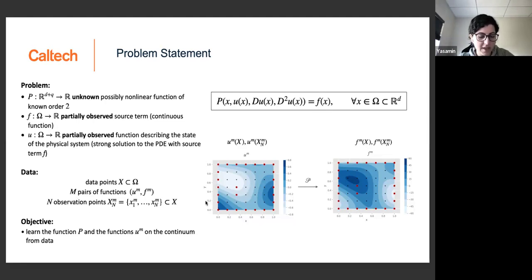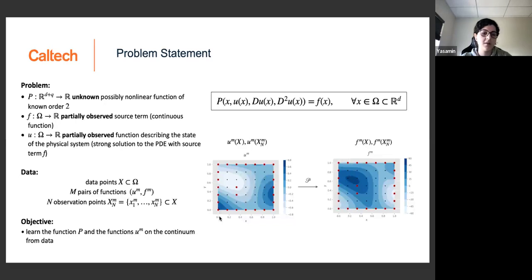A little bit more particularly, to make sense of what I'm describing here, imagine having these grids. We have a set of data points X, and we have m pairs of functions U_m and F_m. What I'm showing you here is the evaluation of these functions at these points X, the black points on the grid.